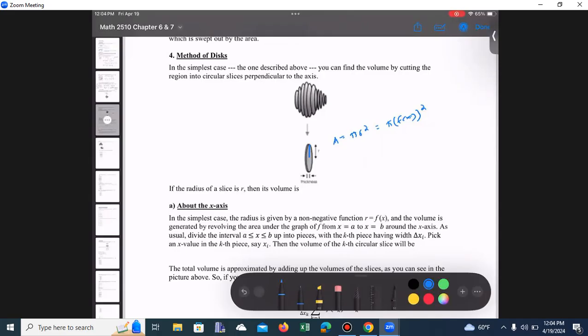So a volume is going to be the area of the disk times delta x, which is pi r squared times delta x, which is pi the function squared delta x.